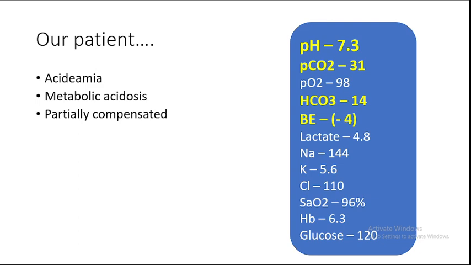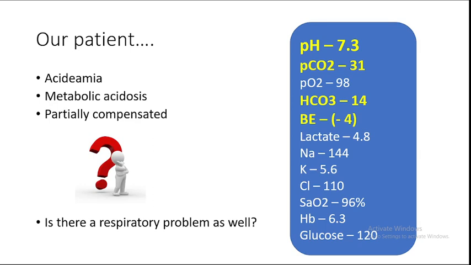When it comes to partially compensated, you are a little worried why the body could not completely compensate this blood gas abnormality. We expect the respiratory system to work nicely and eliminate more and more carbon dioxide and get the pH back to normal. But we are now in a situation that there is only a partial compensation.